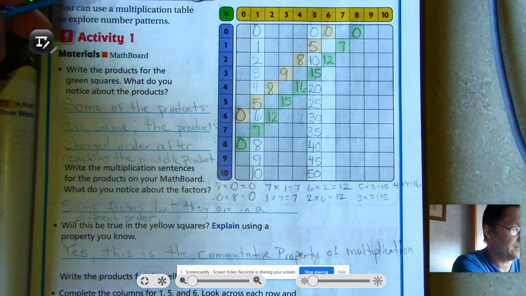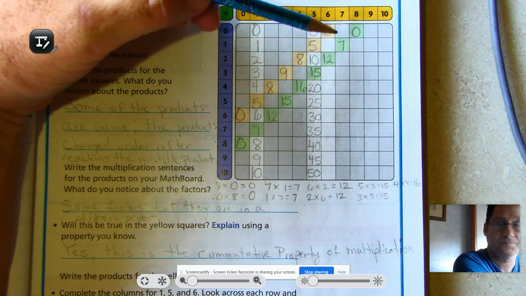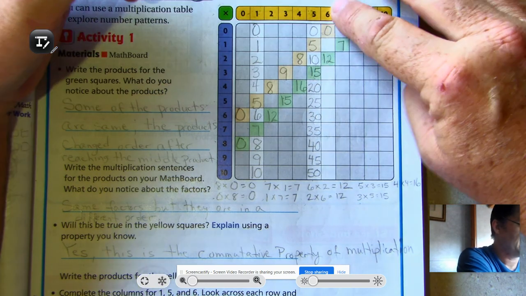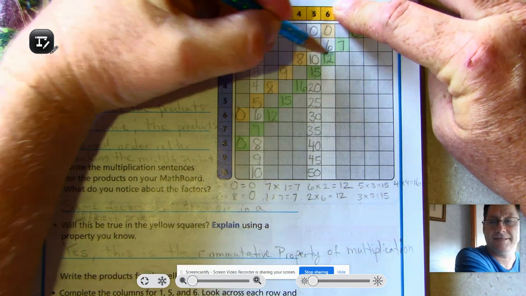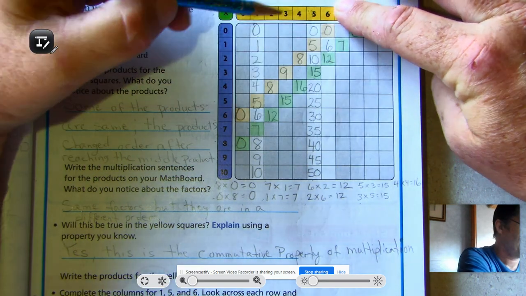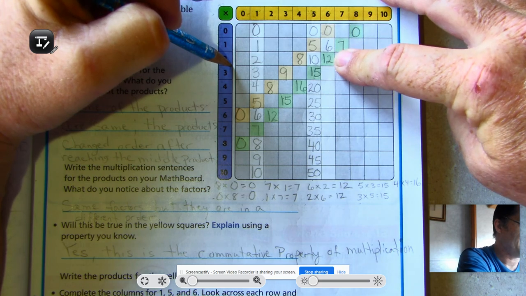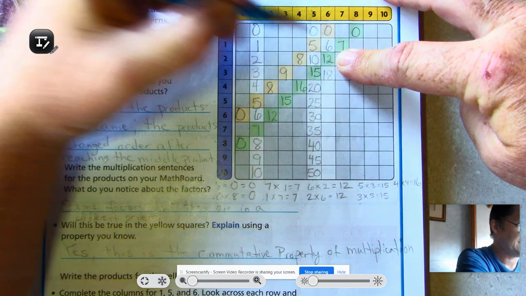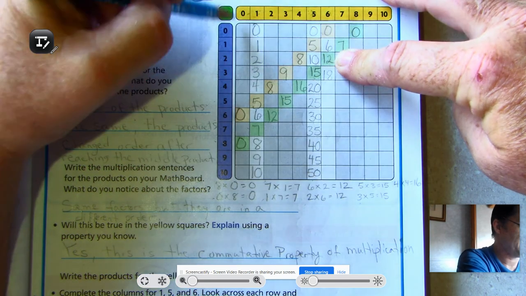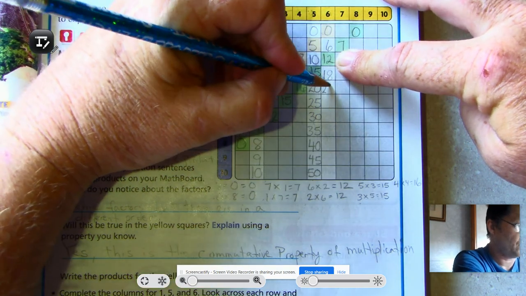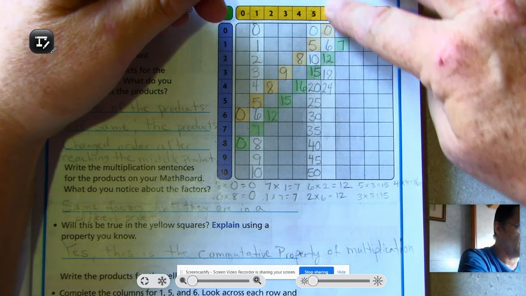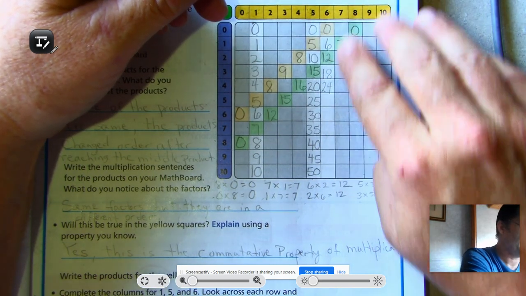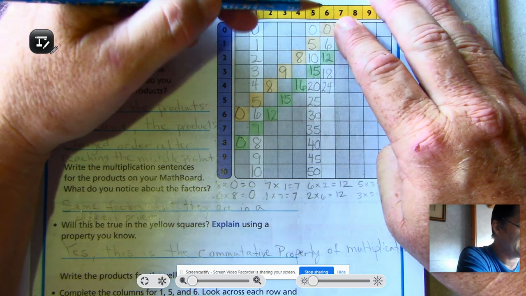Okay, now let's move over to the 6s. 6 times 0, 0. 6 times 1, 6. 6 times 2 is 12. We have that. 6 times 3, 18. 6 times 4, 24. So we should recognize that we're counting by 6s. These are multiples of 6 because 6 is a factor.